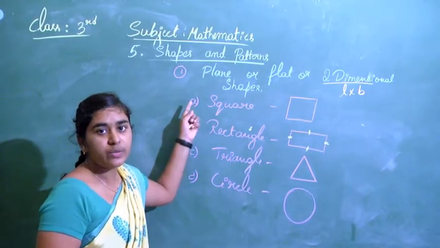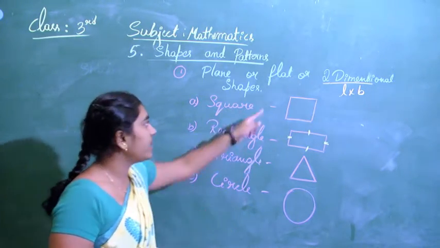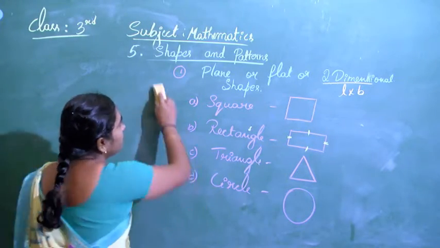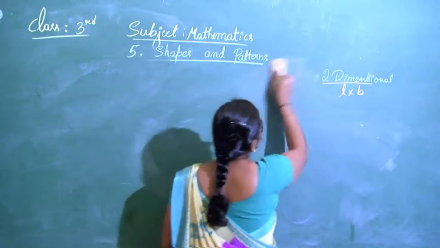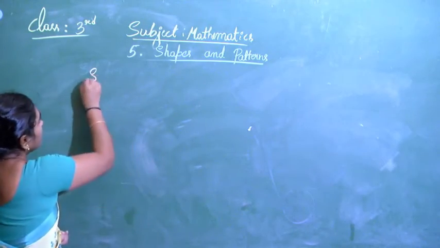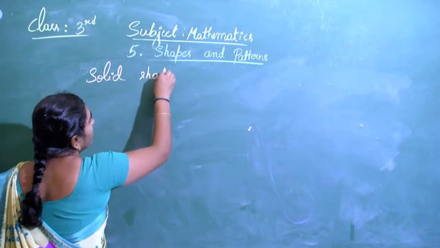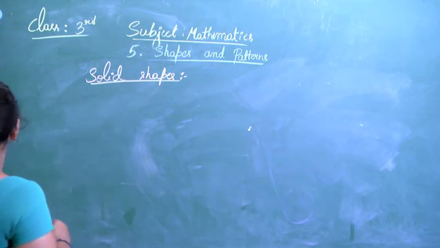These are the shapes which we can read under the plane shapes or flat shapes. As the name indicates, they are very flat. Then coming to the solid shapes. How many solid shapes are there?